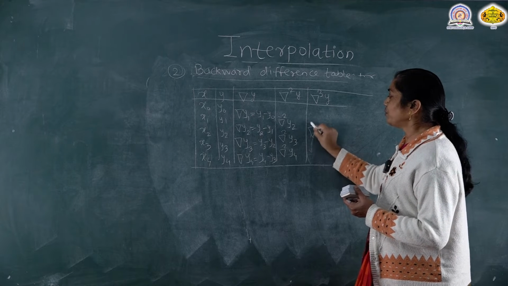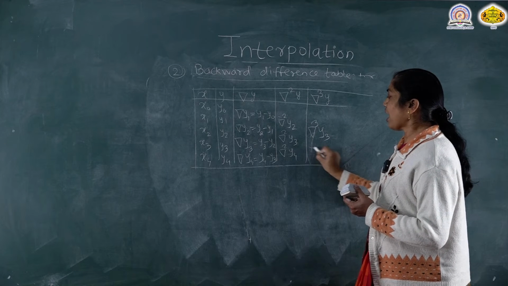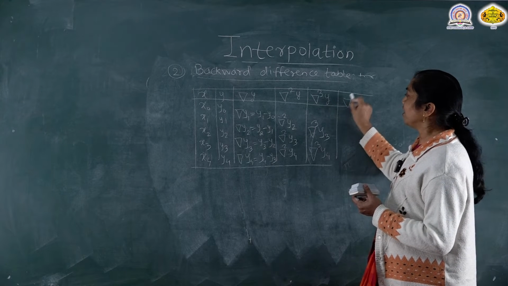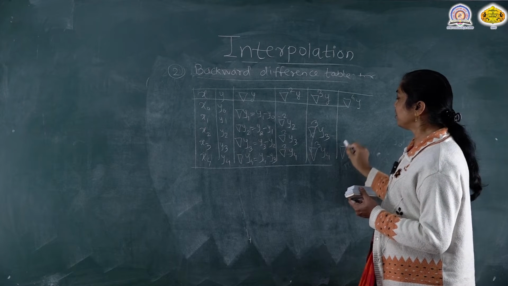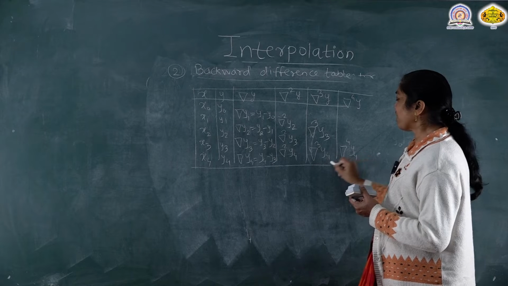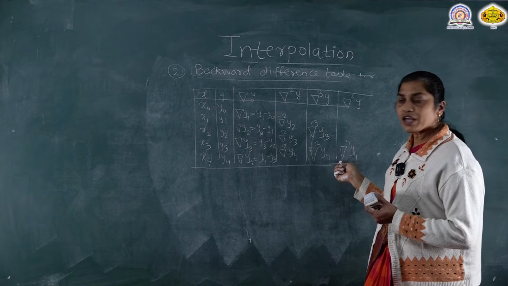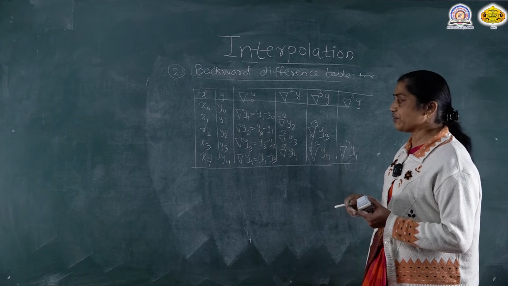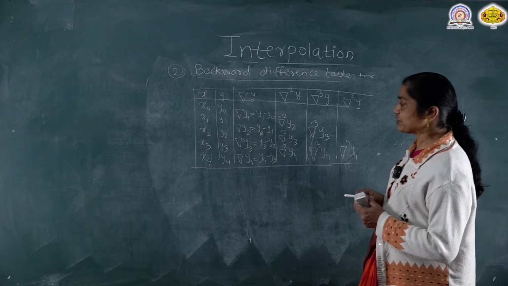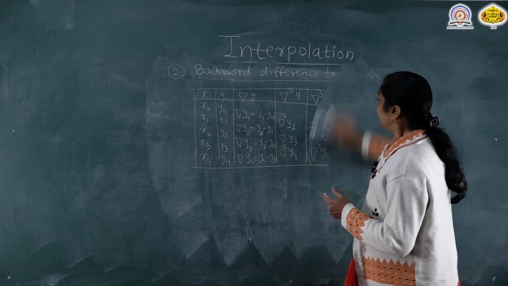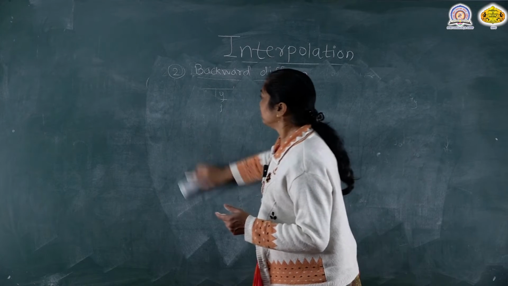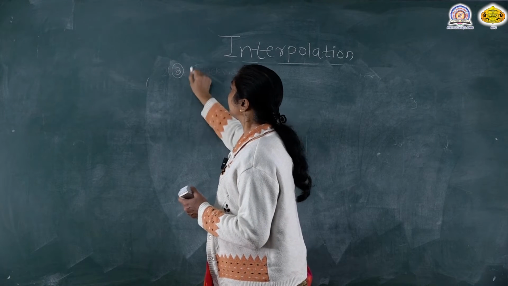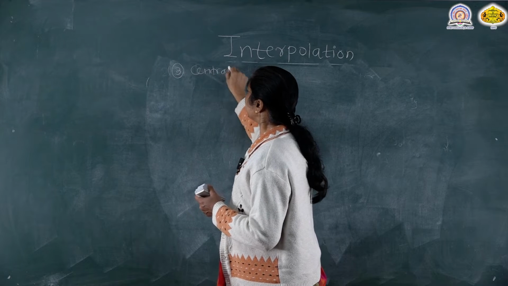We get del cube y3 and del cube y4, and lastly we will get del raised to 4 y, which is nothing but del raised to 4 of y4. What is del raised to 4 y4? It is del cube y4 minus del cube y3. So this is the backward difference table. The next operator is known as the central difference.